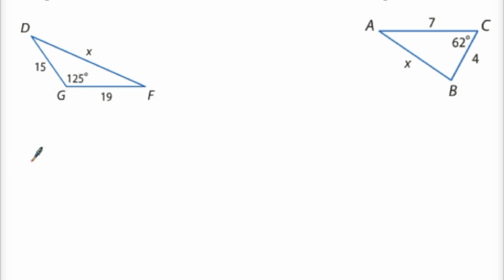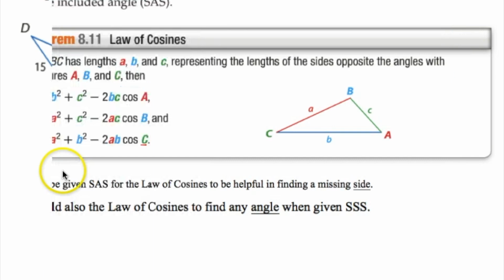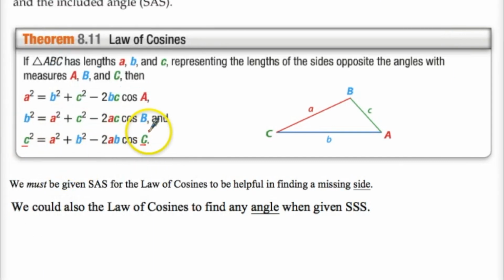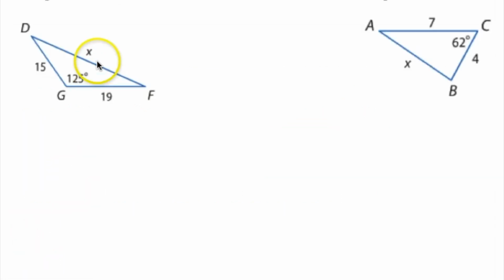So the C here, because you remember C was the only thing we had an angle listed for in the law of cosines. The only angle involved in here is the angle that's opposite the lone side on the other side. So here our C is going to be this 125 and this x.